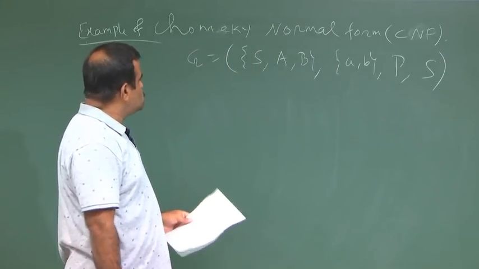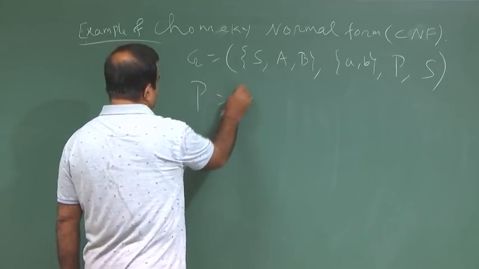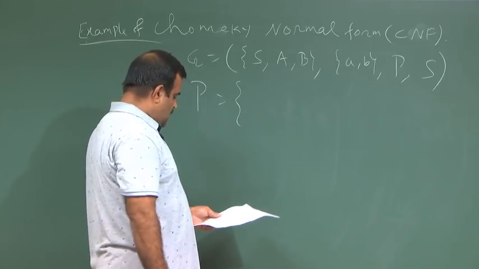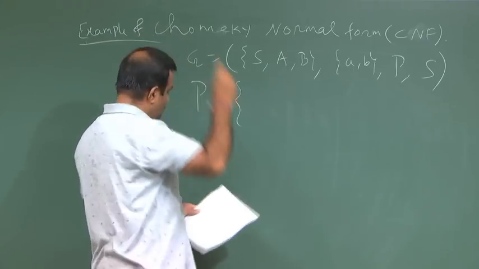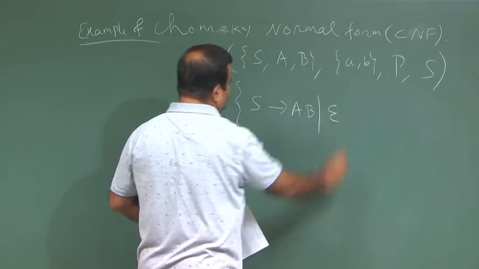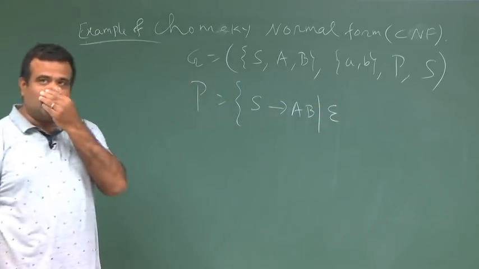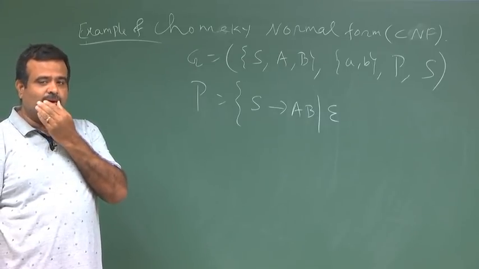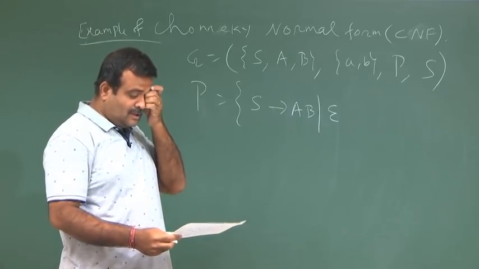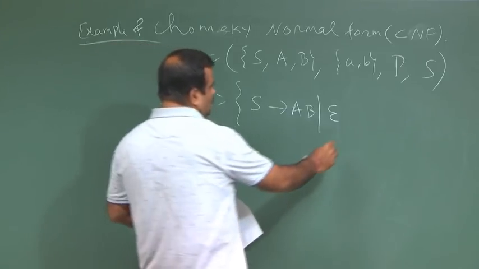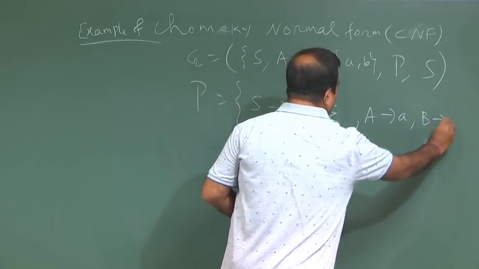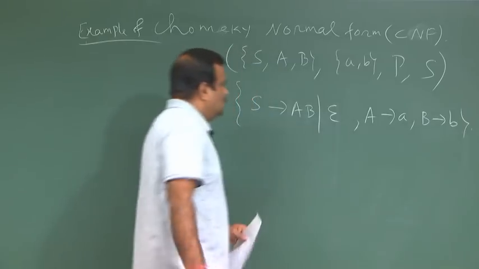Now, let us define the rules. Say S is going to A B or epsilon, because here we want to generate epsilon as a string of the language generated by this grammar. Then 2 more rules: A is going to a and B is going to b. That is all.